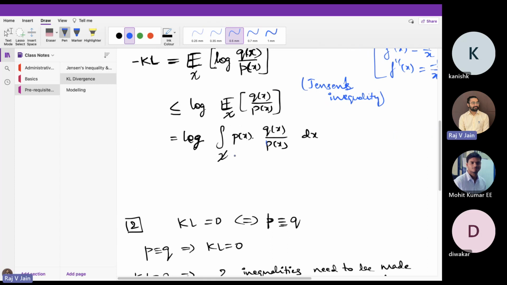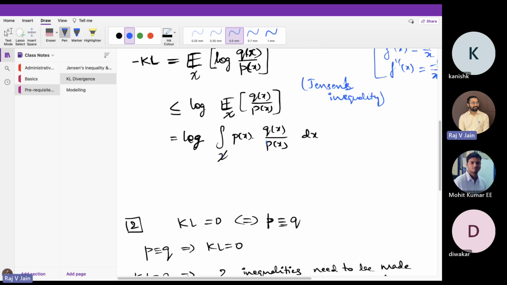P as a function can be 0 anywhere and non-zero elsewhere. The only constraint it has is that its integral should come to 1. But the idea here is that we're taking this integral over x, and this x is only on the support of P. Wherever P of x is non-zero, only those points we're taking the integration over.